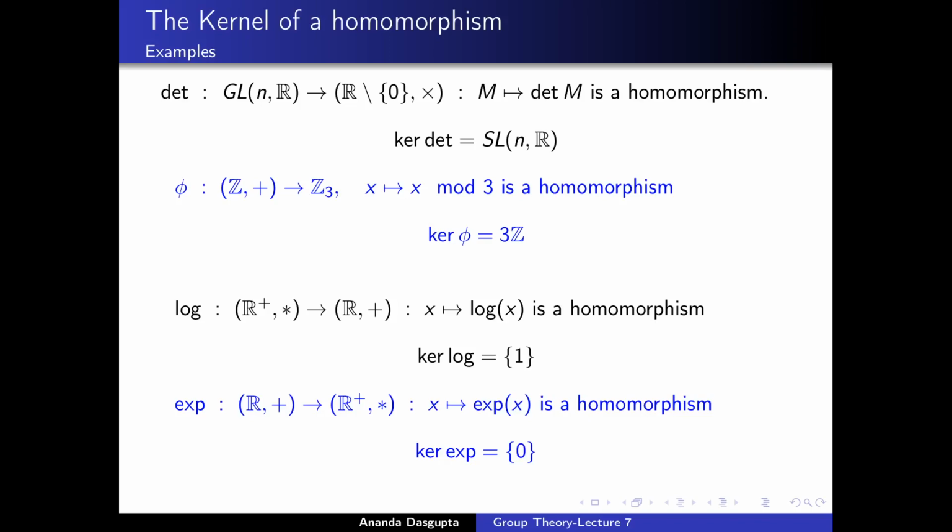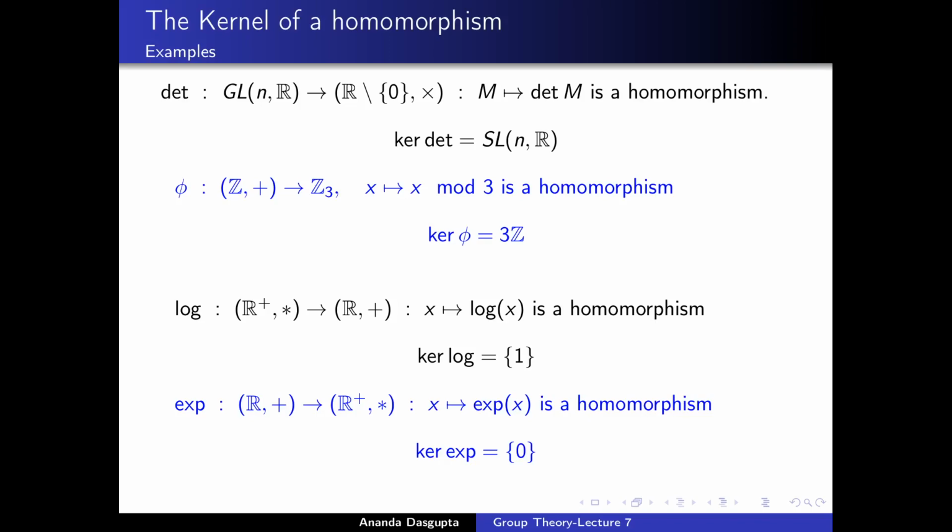On the other hand, if you look at the very first example, the kernel of the det map happens to be SLNR, which, if you recall, is a normal subgroup of GLNR. The fact that 3Z is a normal subgroup of Z plus is sort of trivial because Z plus is an abelian group, and for an abelian group, every subgroup has to be a normal subgroup.